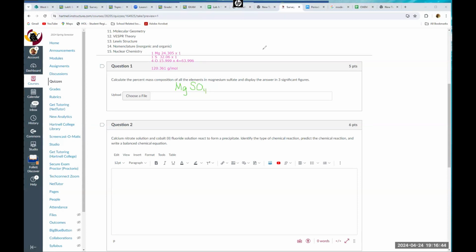So we want the specific mass over the total mass of the compound, times 100.